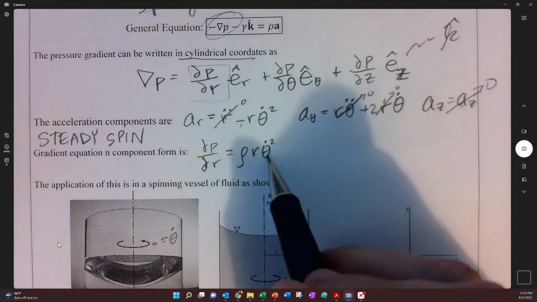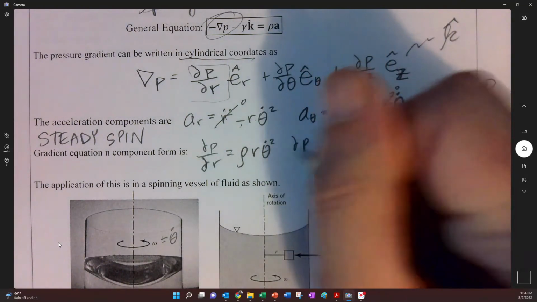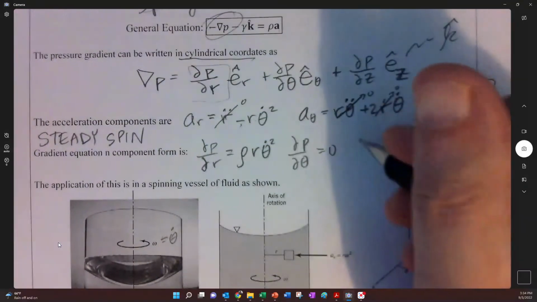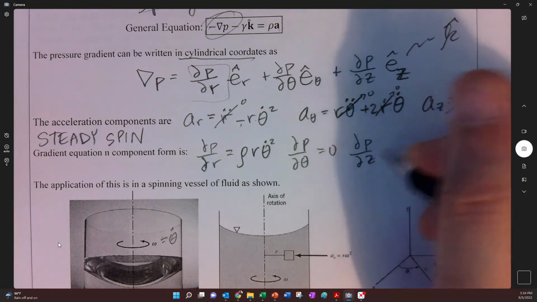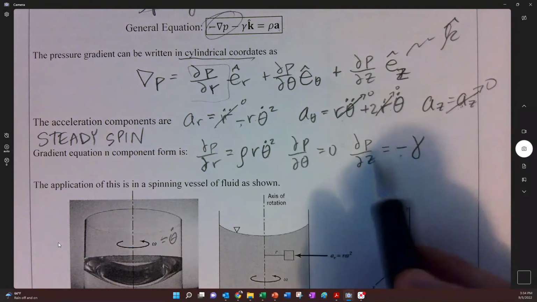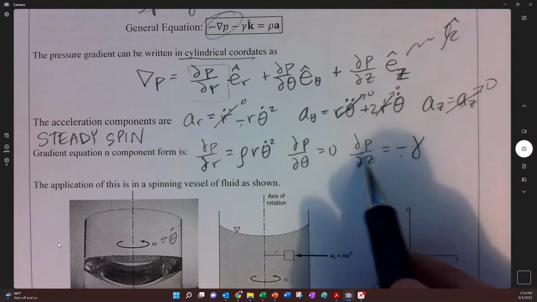Once again, I could make that omega squared instead. Nothing changes in the theta direction, so that's 0. And then we still have a pressure gradient in the z direction based on gamma, because we still have pressure increasing as we go downwards.